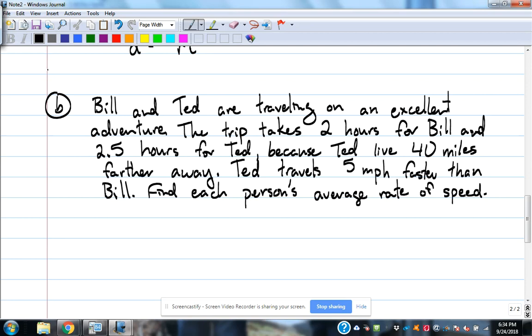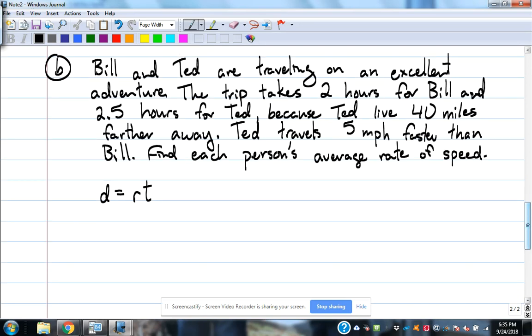Now, here's what we got that can help us with this problem. We know that if we're dealing with distance, rates, and hours, that's a distance equals rate times time idea. So if you see those things in a problem, you know D equals RT is where you're going to start. Now, since we have two people here, I'm going to show you a method for helping you set up a problem like this.